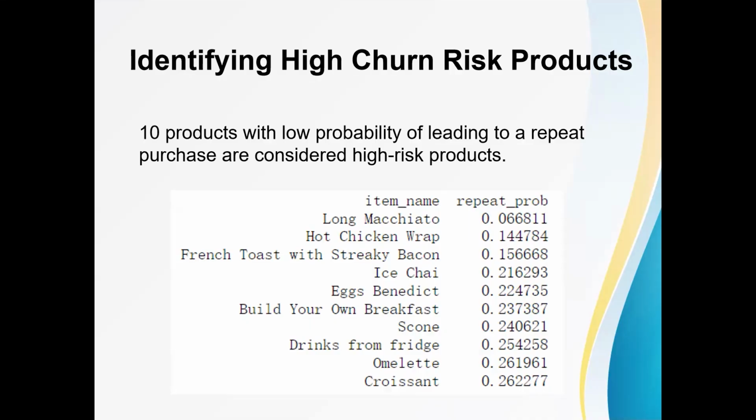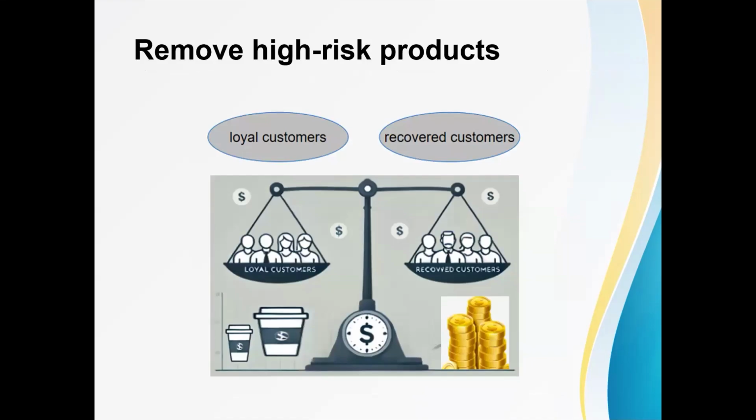Given these findings, the next step is to evaluate whether these high-risk products should be removed from the menu to improve overall revenue. And in this step, I conducted a trade-off analysis to evaluate the impact of removing the high-risk products. The analysis considers 2 key factors: lost loyal or targeted customers versus recovered churn customers.